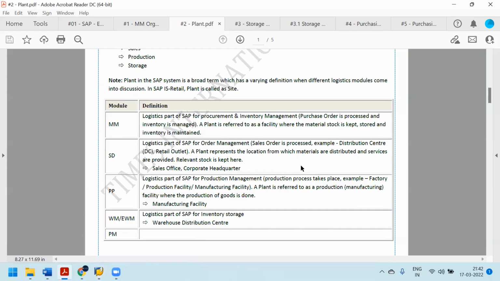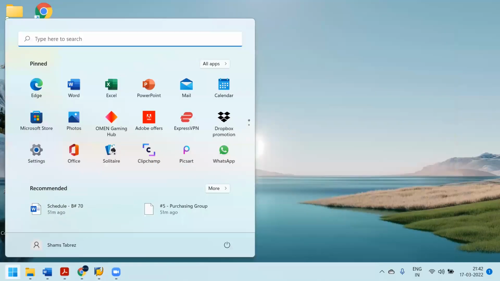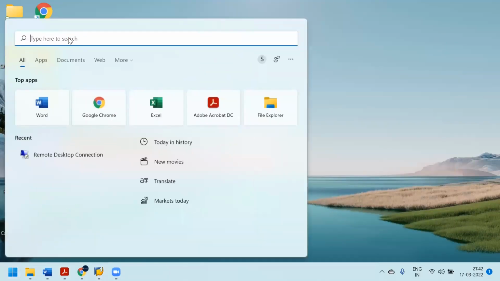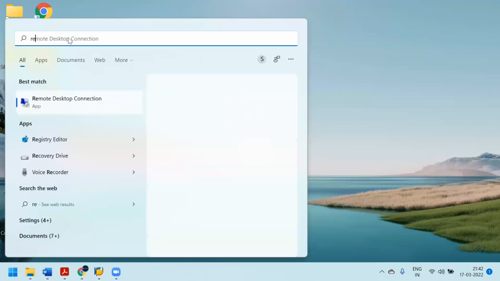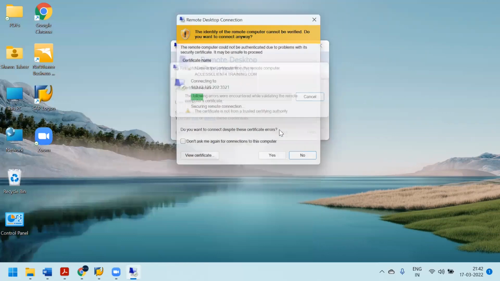So let me show you. Let me log in to the remote desktop.